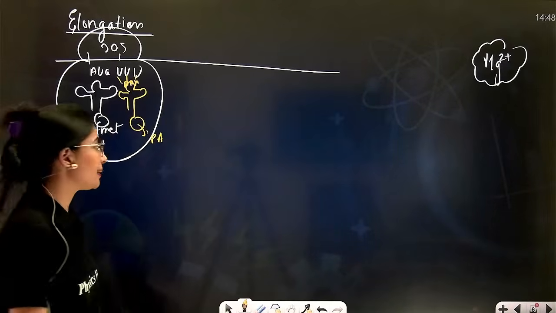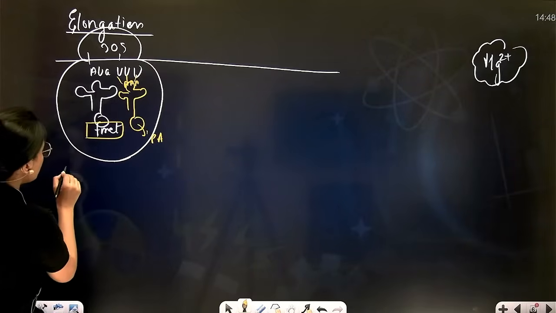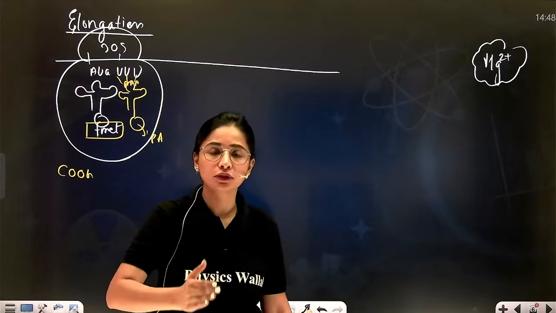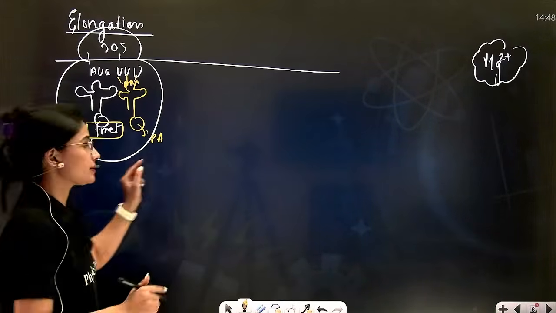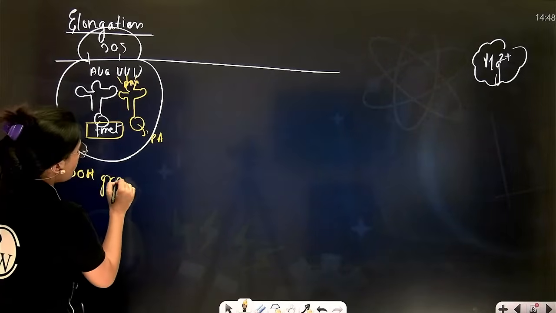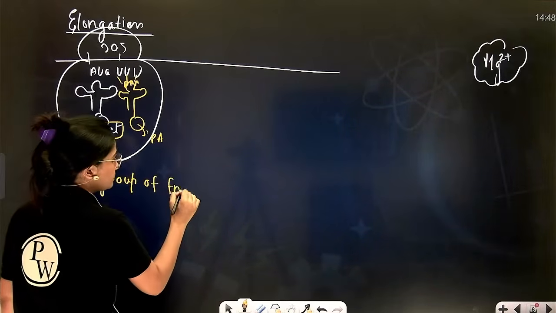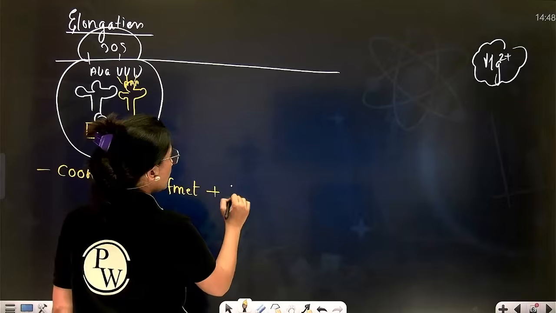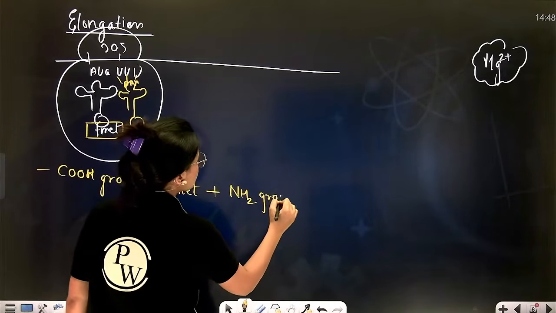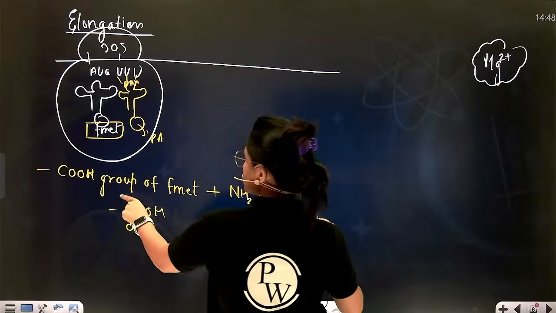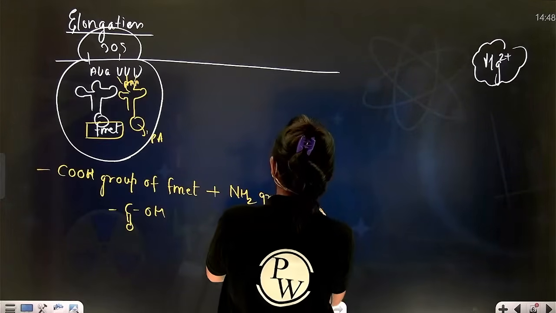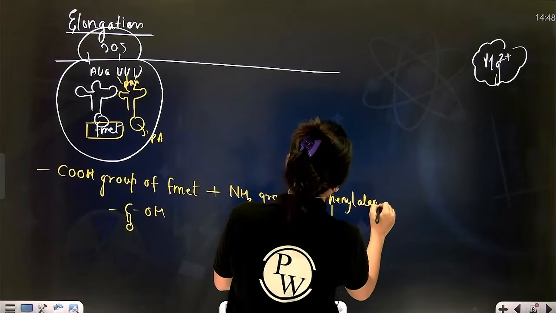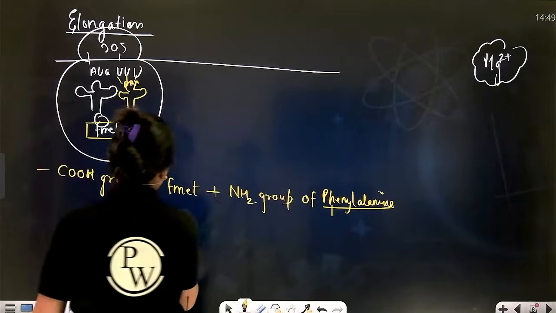Now what will happen, beta? These are amino acids. The general structure of an amino acid has a carboxyl group as well as an amine group. Now the carboxyl group of F-met joins with the amine group of the second amino acid. So the COOH group of F-met and the NH2 group of phenylalanine bind with each other.